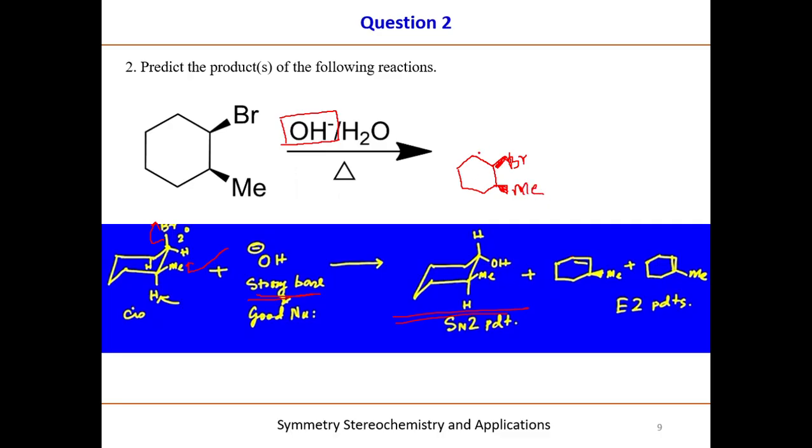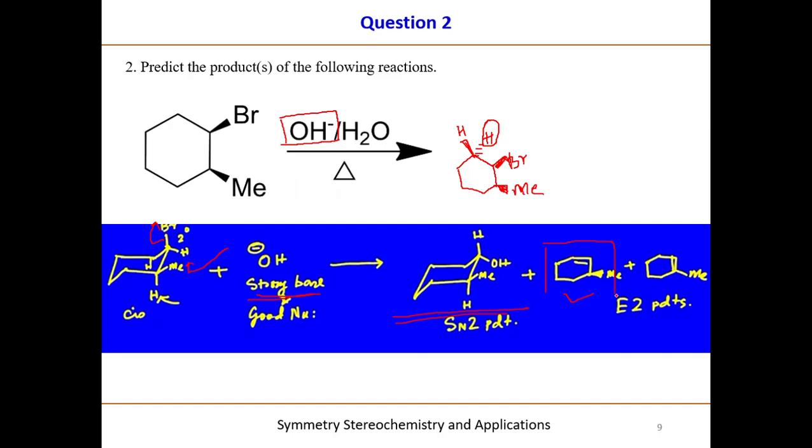So what will happen? Here we have two hydrogens. One is on the back side of the plane and one is on the front side of the plane, correct? So the elimination always happens anti-periplanar. Bromine is on the front side and the hydrogen anti-periplanar to this bromine is this one, correct? So because an anti-periplanar hydrogen is present, the elimination will take place and we will get this product.